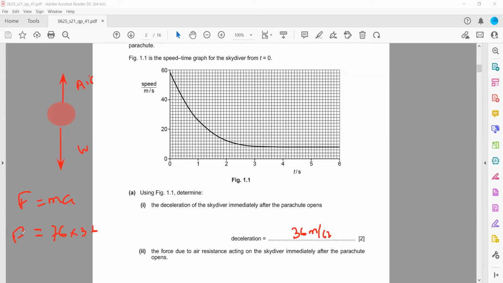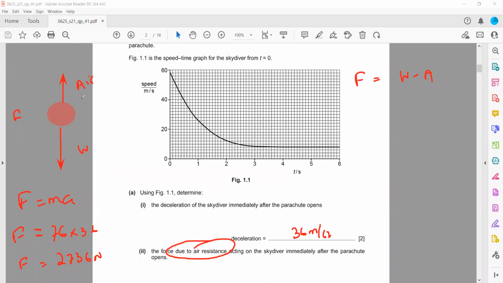Weight is acting down, air resistance is acting upward. So the resultant force F is weight minus the air resistance. If we need air resistance, we first need the weight of the parachutist, which is acting downward.